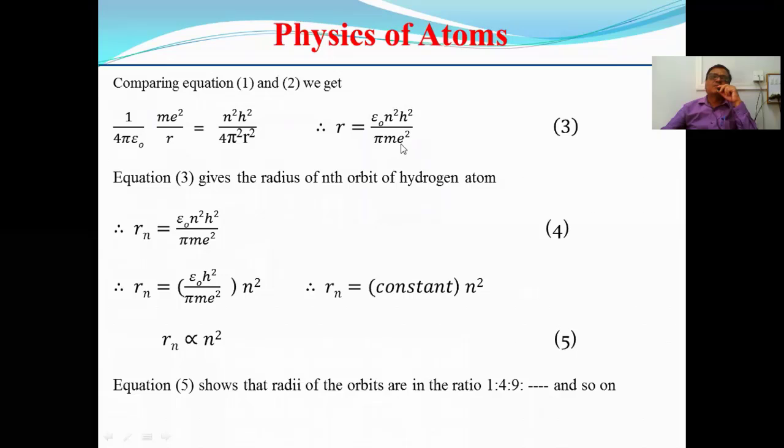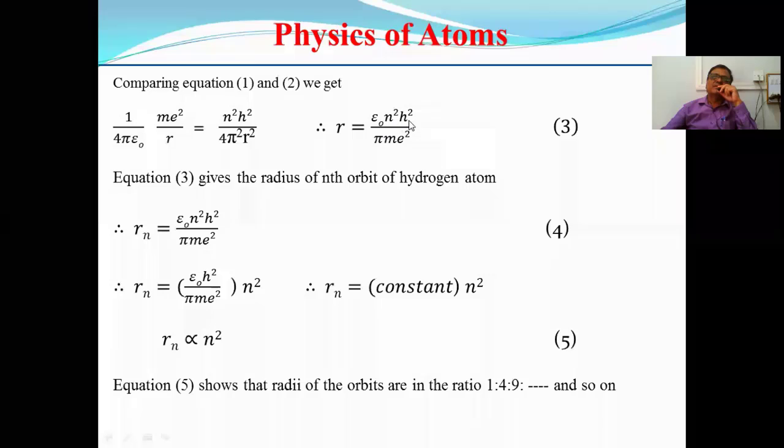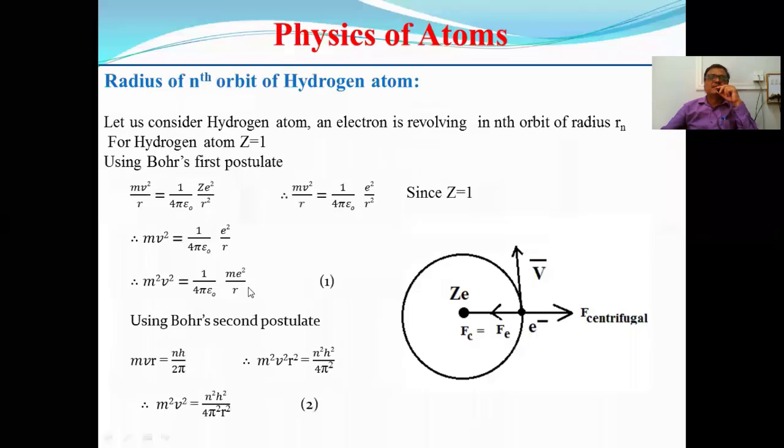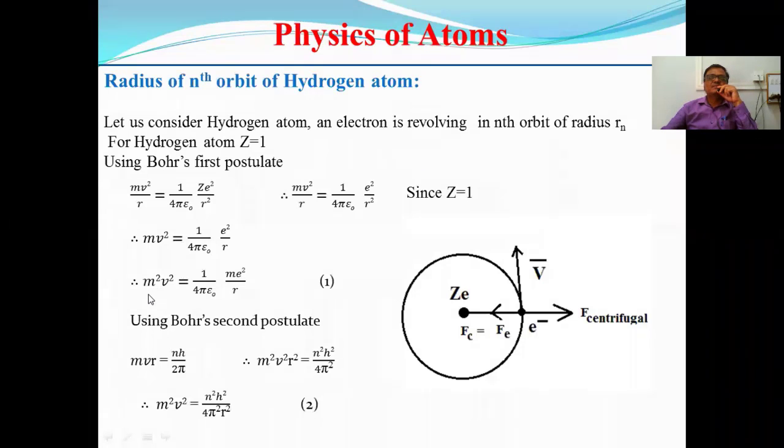This is equation number 3. We have to put this equation number 3 in equation 1. This is equation number 1, that is m square v square is equal to 1 upon 4 pi epsilon 0 m e square upon r.